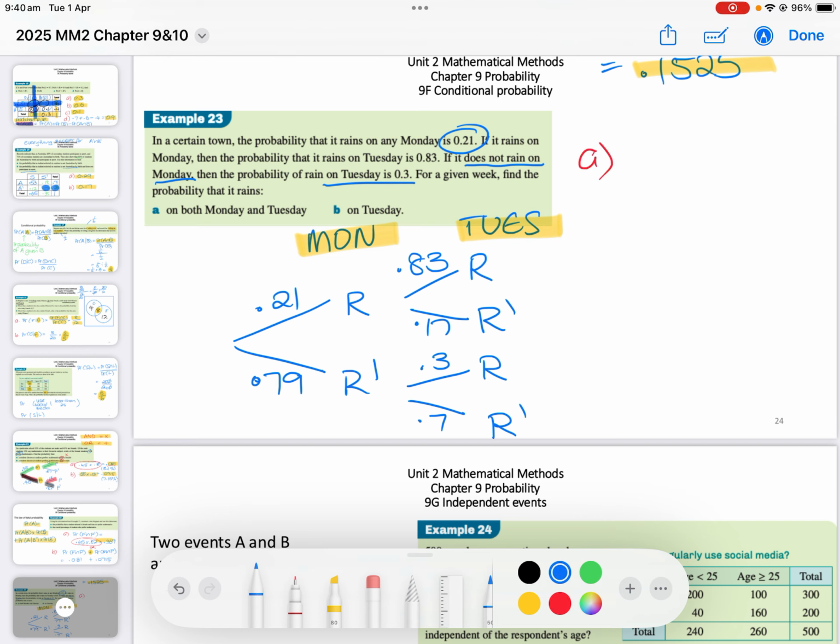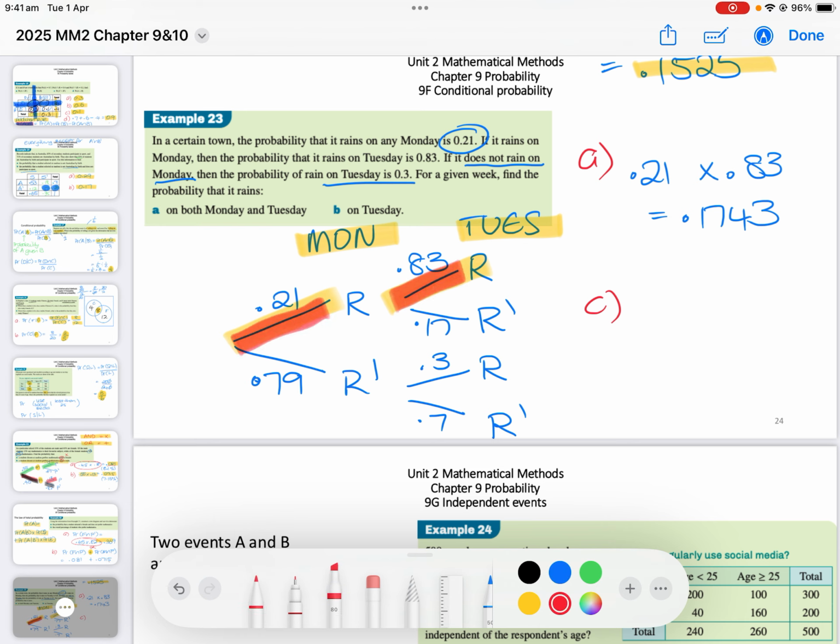What's the probability it rains both Monday, Tuesday? Rain followed by rain. 0.21 and 0.83. What's the probability it rains on Tuesday? Well, it can be this one, because it rains on Tuesday, or it can be this one, because it rains on Tuesday.